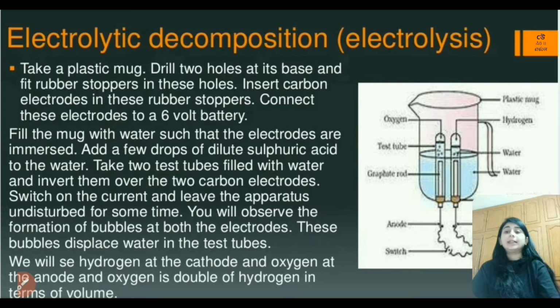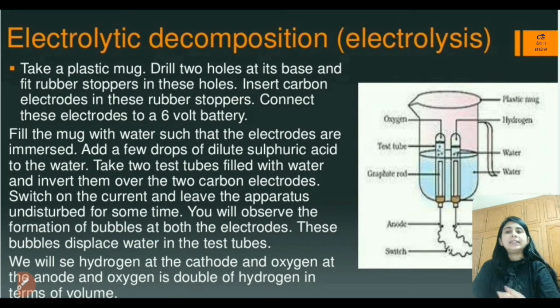Insert carbon electrodes in these rubber stoppers. Connect these electrodes to a 6-volt battery. Fill the mug with water such that the electrodes are immersed. Add a few drops of dilute sulfuric acid to the water.